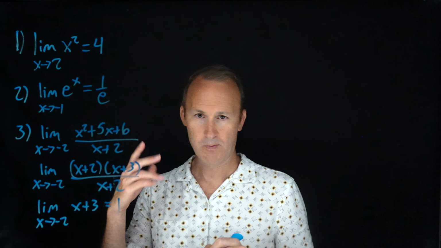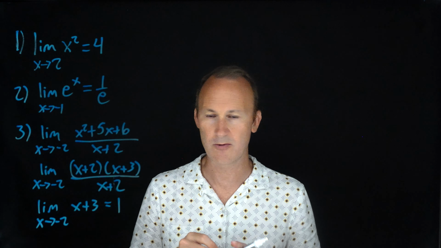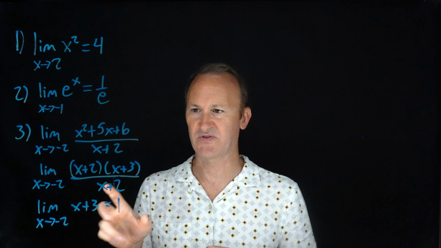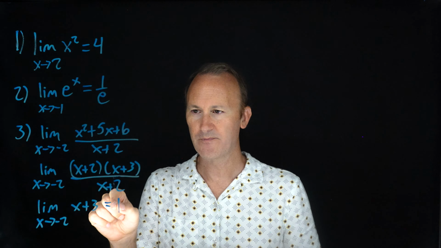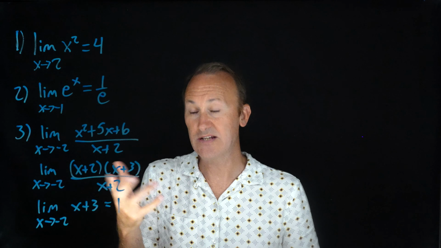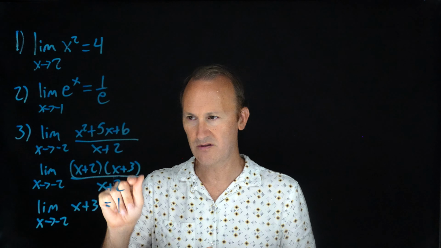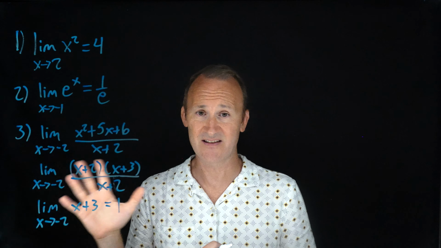Okay, so that's nice. Now let's take a look at what's actually going on here. We started with this function, x squared plus 5x plus 6 over x plus 2, but it simplifies to x plus 3. Okay, this is interesting. So is it the straight line x plus 3? Well, almost. If you start with this function, -2 is not defined.